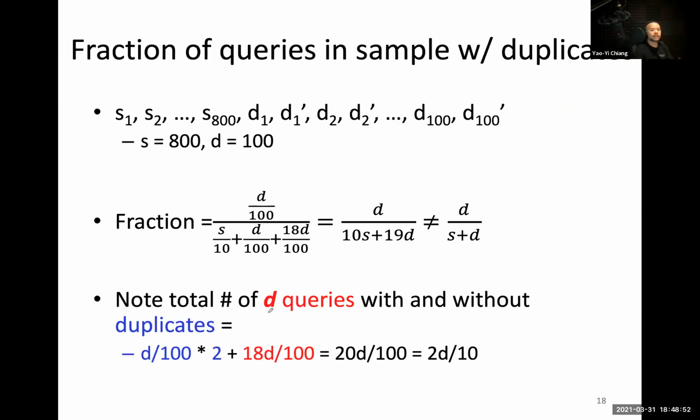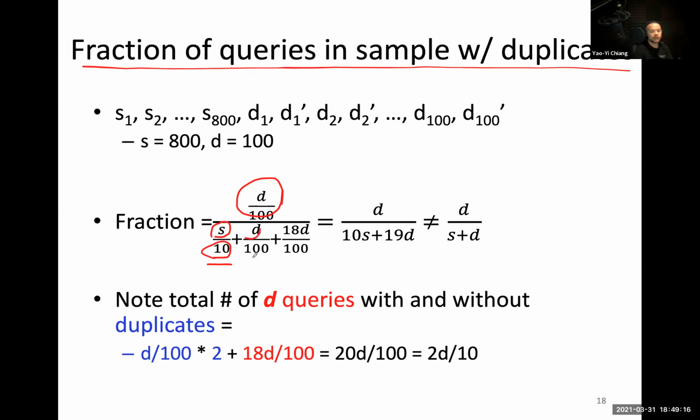So let's look at our sample. If we are going to use our sample to help us answer this question, the question is the fraction of queries in the sample without duplicates. So D over 100 divided by S over 10, right? You have S single queries over 10. This is your sample rate.